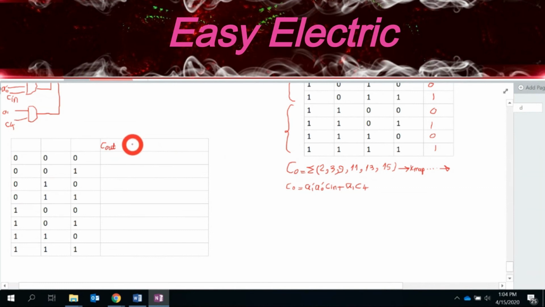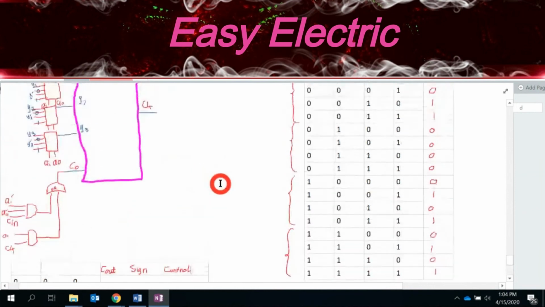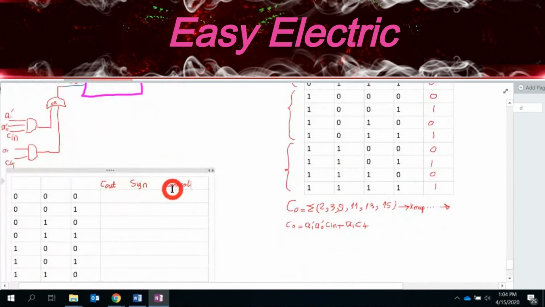I don't know what I should do with the C out that I have. The next is the sign. I have no clue what I need to do. The sign, the control, which is control that XORs. I have no clue what I need to do. So the question is, okay, if you want to design these 3 as outputs, first you need to know what these 3 outputs are related to, which variables.